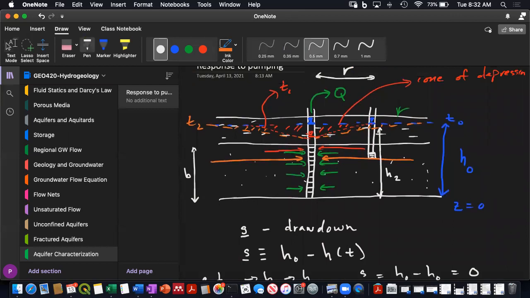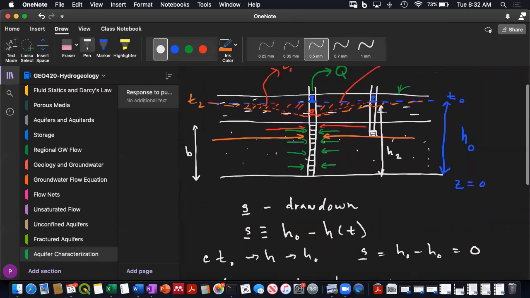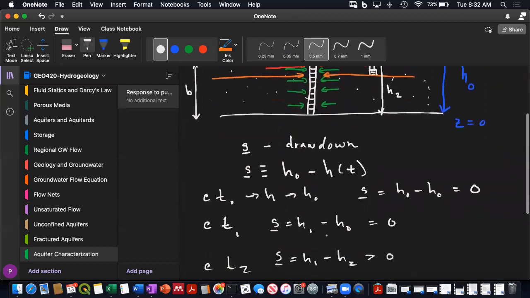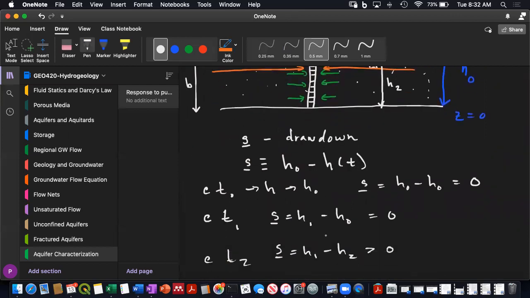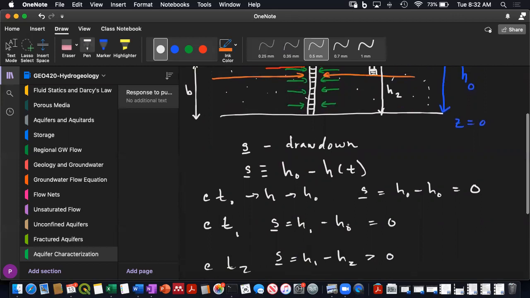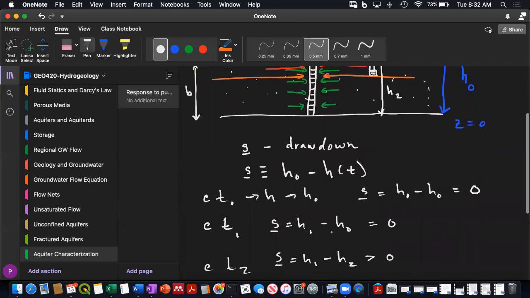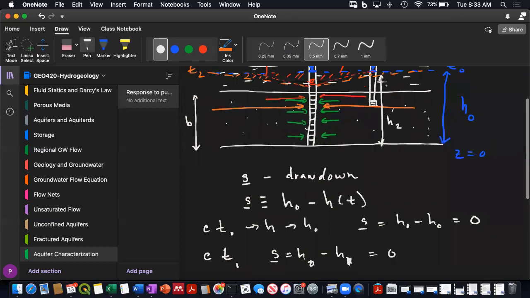Equation for drawdown is H naught minus H, with t in the parentheses. Well, so at time 1, this would be H naught minus H1, which is the head at time T1.